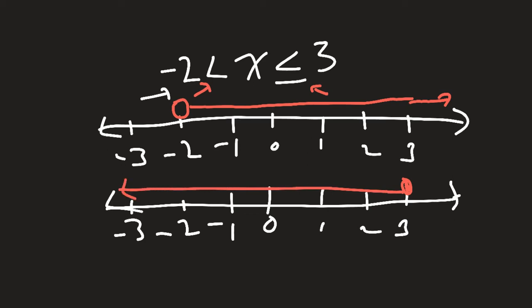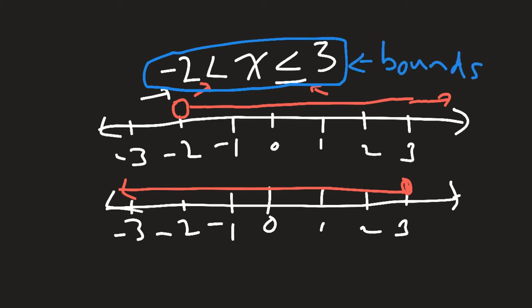But in reality, this is actually a combination. This inequality has these things called bounds. We have a lower bound and an upper bound, and we need to actually combine these two together.